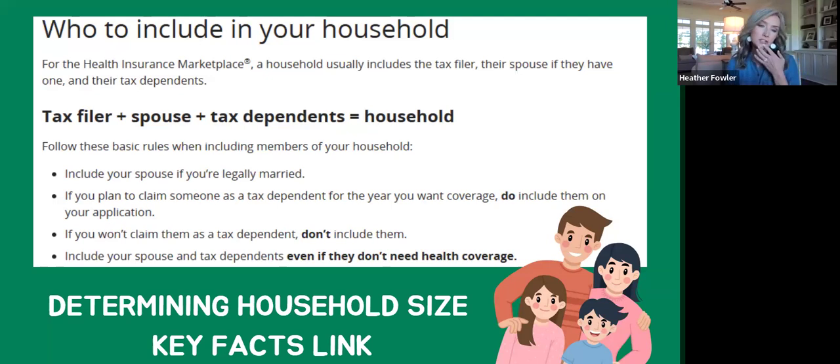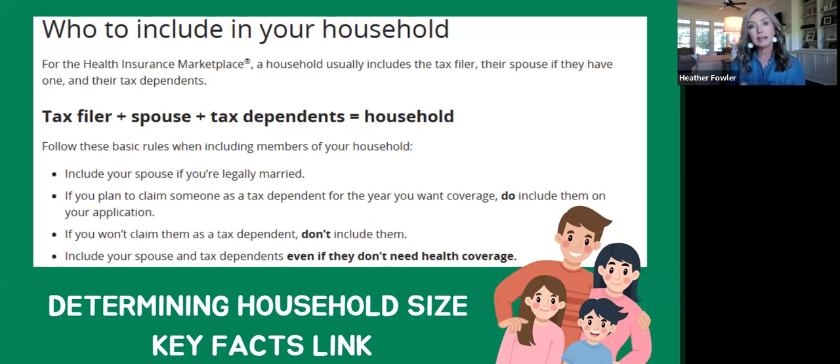Okay. And so here's just some basic rules. You're going to include your spouse if you're legally married. We are going to talk about 3 exceptions to that in a few minutes. Also, if you plan to claim someone as a tax dependent for the year you have coverage, they need to be included on that household and on that application.